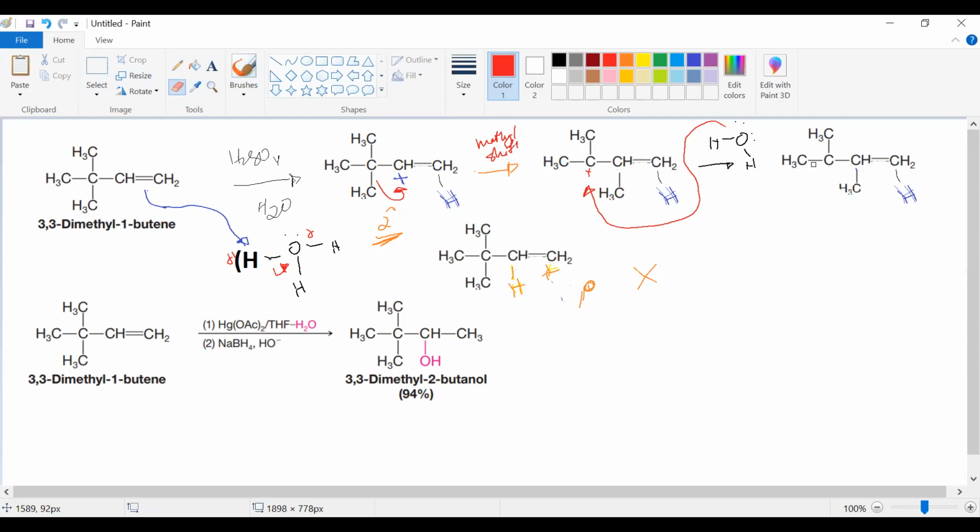You get your OH. So you have your oxygen and hydrogen. And of course, this is the protonated alcohol.